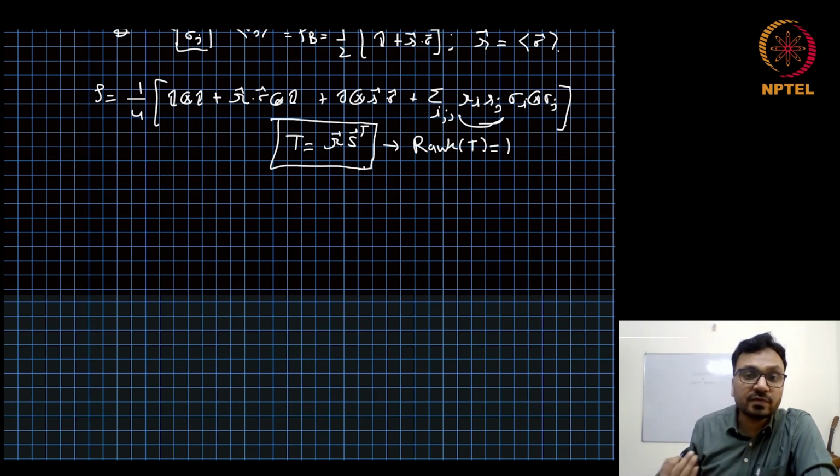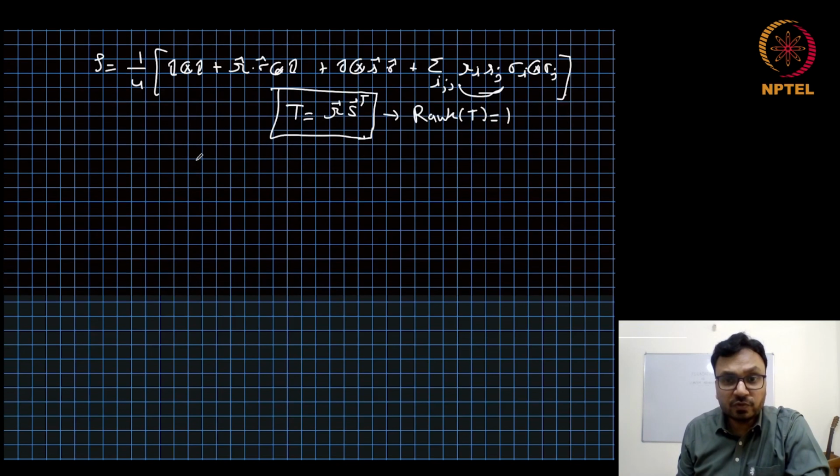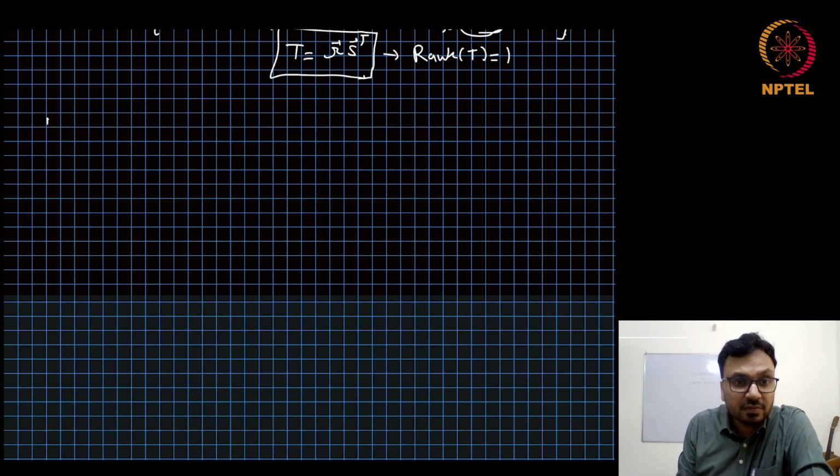So our task is to estimate the most general density matrix. In order to do that, let us look at sigma i tensor sigma j. We want to find the expectation value of that, and that will be T_ij. This need not be the expectation value of sigma i times the expectation value of sigma j.